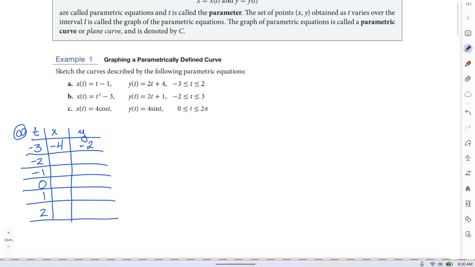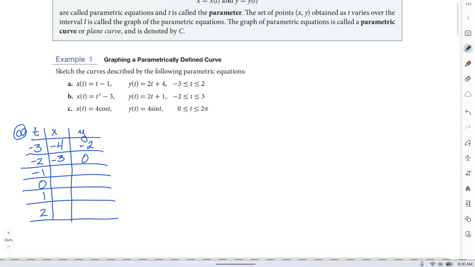When I plug in -2 for x, I'm going to have -2 minus 1, which is -3. If I plug it in for y, I'm going to have 2 times -2 plus 4, which is 0. And then we're going to do the same thing for each of the rest of these.